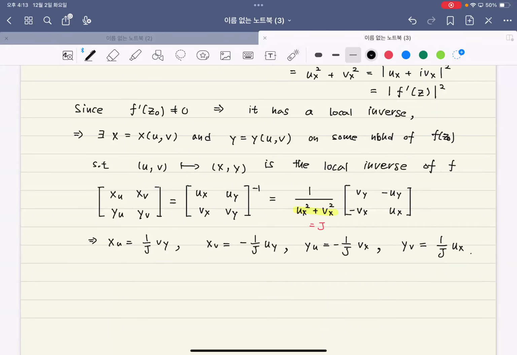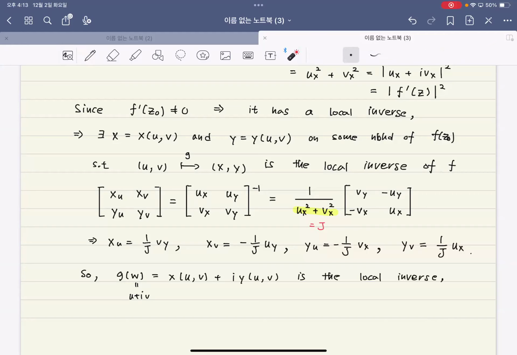Maybe I'm going to give a name to this local inverse. Please allow me to call this local inverse by the function g. So g of w, where w is u plus iv, is x plus I times y, the local inverse.